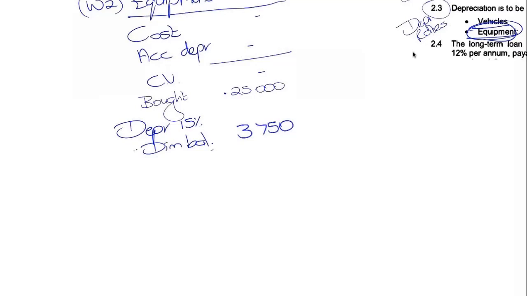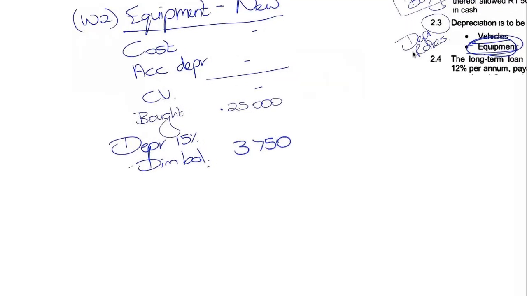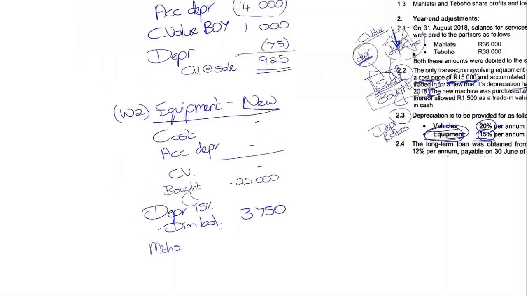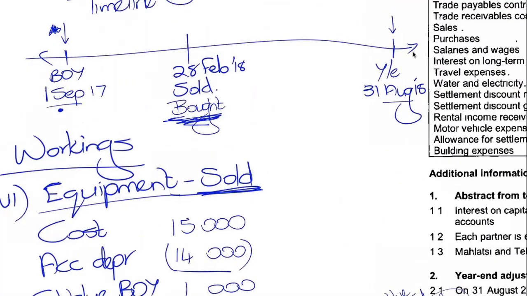But this is where new equipment gets tricky. The next thing we need to calculate is how many months did you have it for? If we bought this during the year, which we did, and this again is why, for me, timelines are so important, it means that you did not have this asset on hand the entire year, which means that you don't depreciate the asset for the whole year if you didn't have it for the whole year.